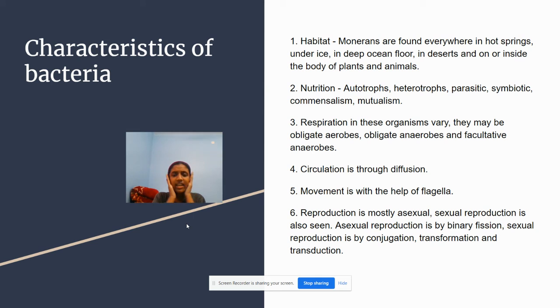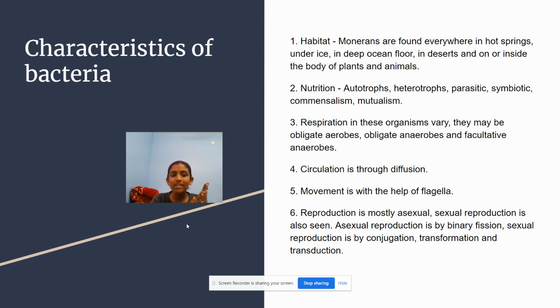So they can live anywhere. You can see they live in hot springs, under ice, in the deep ocean floor, in deserts, or inside plants and the human body also. How in the human body? If Monera or bacteria live everywhere, they also come to our hands, because we touch everything everywhere.